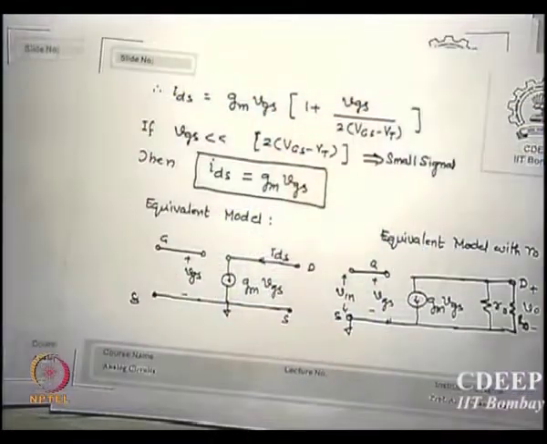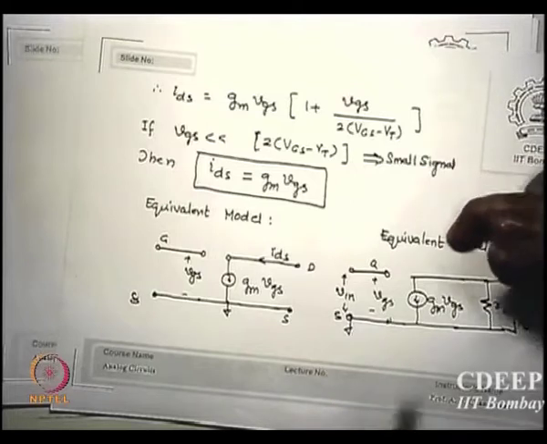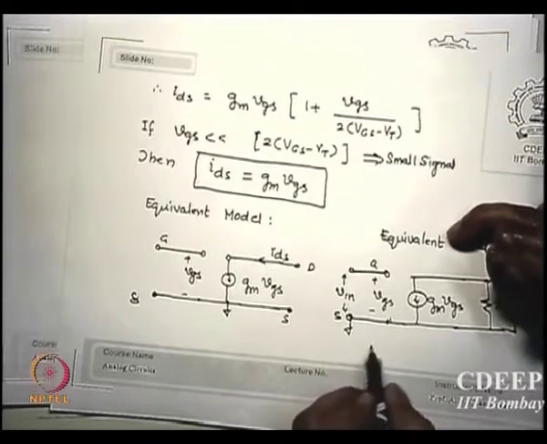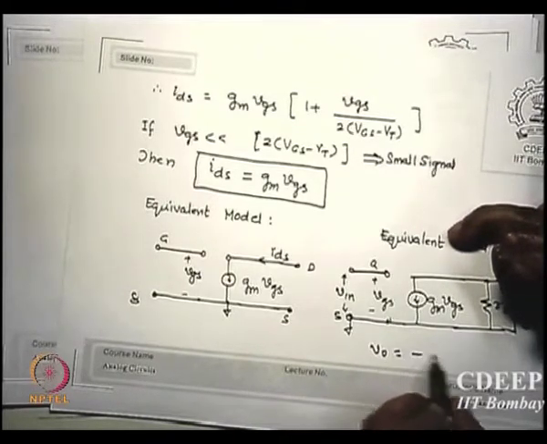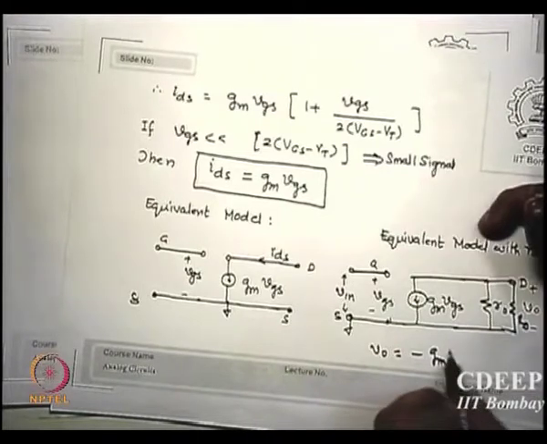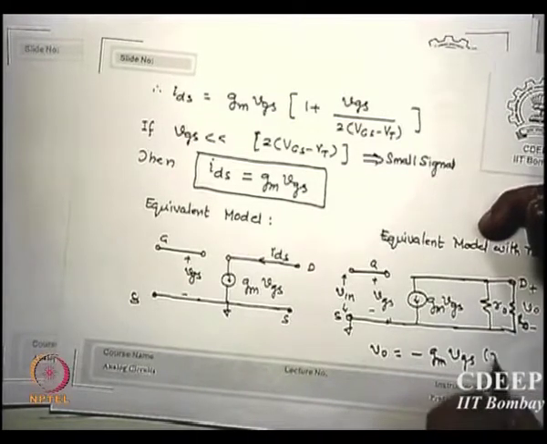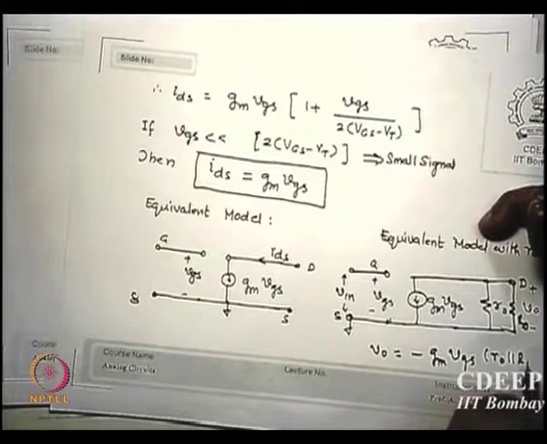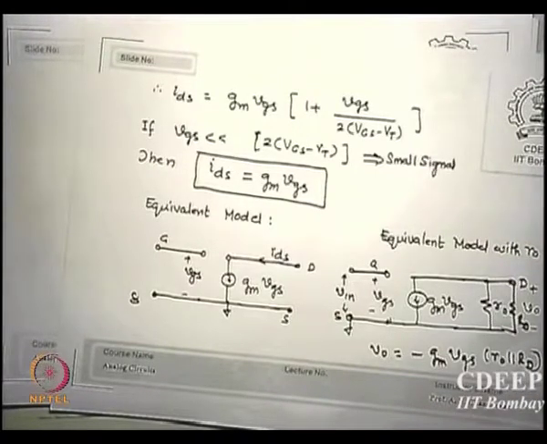So essentially what will be V0? If I calculate V0 here, after I have another slide, but just for the heck of it, V0 is minus GM VGS times R0 parallel RD, and if RD is much smaller compared to R0, it is GM RD. So is that correct?